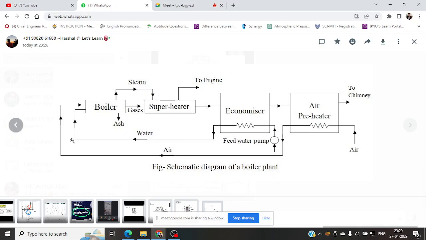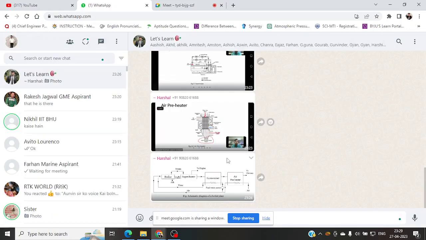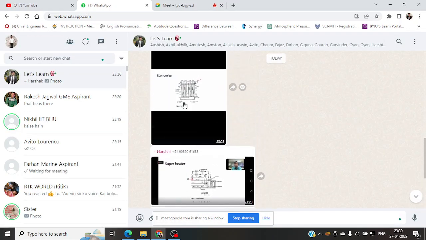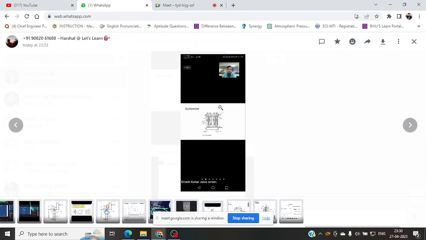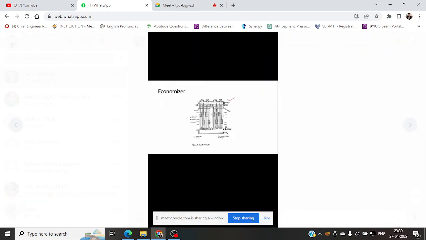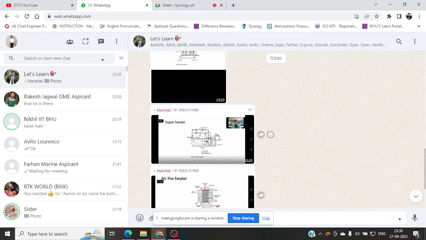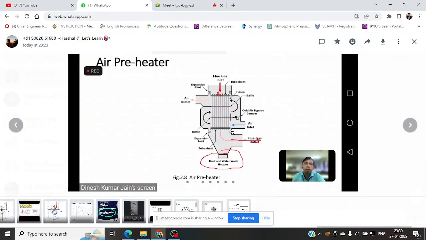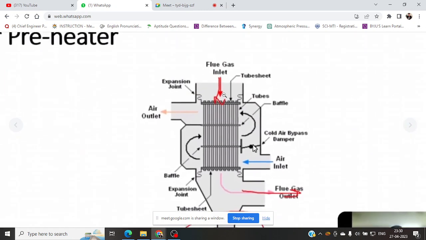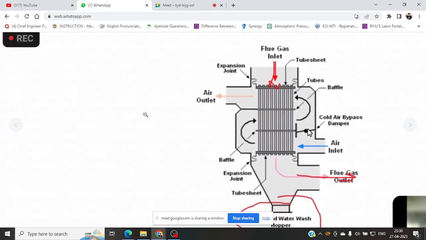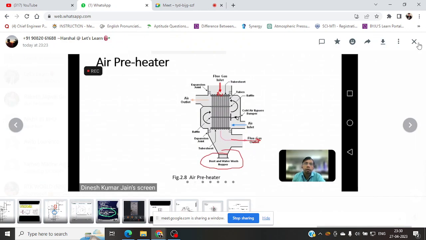Anyway, we got some overall idea, and we have also pictured it. The economizer is a heat exchanger that uses exhaust gas to heat the water from the engine. That is the air preheater.